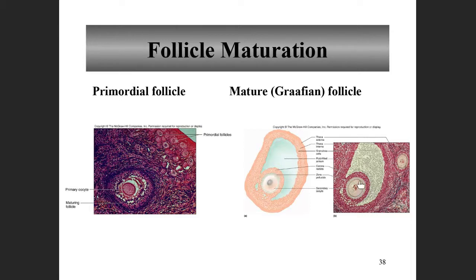The secondary oocyte will have a lot of follicular cells or granulosa cells surrounding it. That is known as the corona radiata. So when the first sperm enters, it has to remove the granulosa cells away. It will release hyaluronidase, for example, to remove the granulosa cells, and then it can enter. So it causes an acrosome reaction.